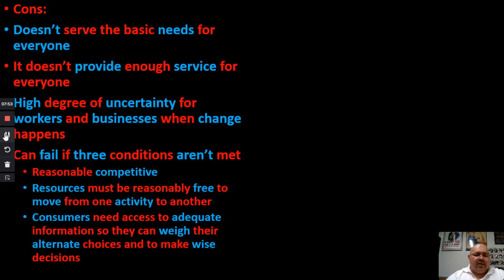There's a high degree of uncertainty for workers and businesses when change happens. In 2020, when COVID hit, a lot of companies thought it was going to last maybe a month or two and they'd be fine. And it didn't. As you know, it lasted for quite a while. The isolation, the quarantine lasted.